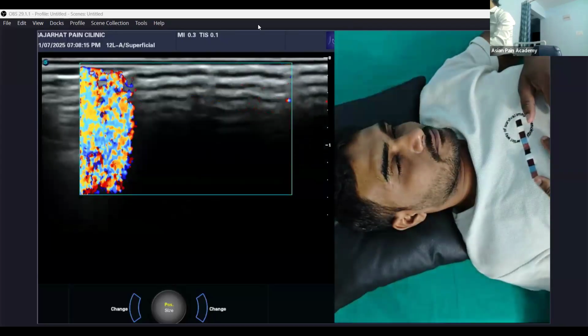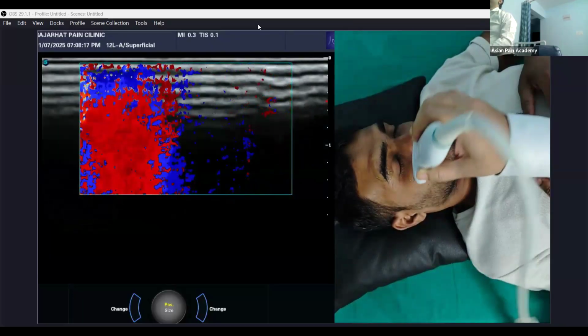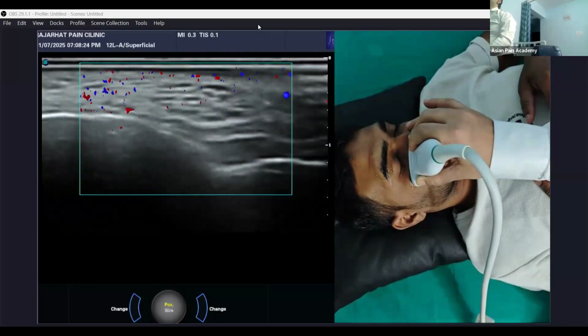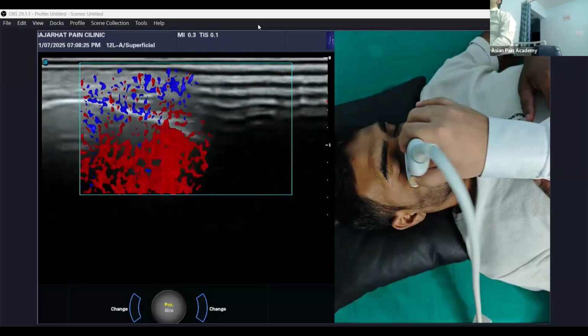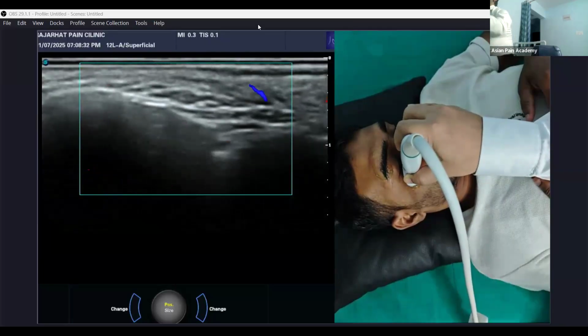Infraorbital is also the same thing. There is nothing very big here. So this is the infraorbital vessel.